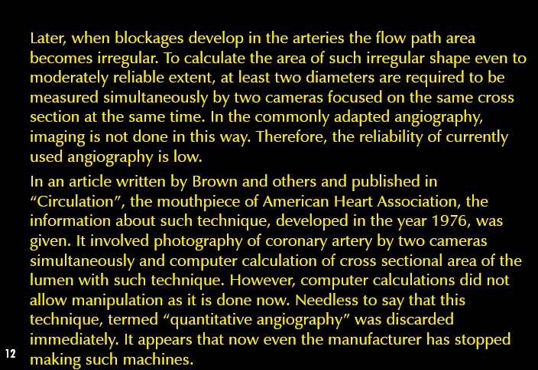To calculate the area of such irregular shape, even to moderately reliable extent, at least two diameters are required to be measured simultaneously by two cameras focused on the same cross-section at the same time. In the commonly adopted angiography imaging, it is not done this way. Therefore, reliability of coronary angiography is low.